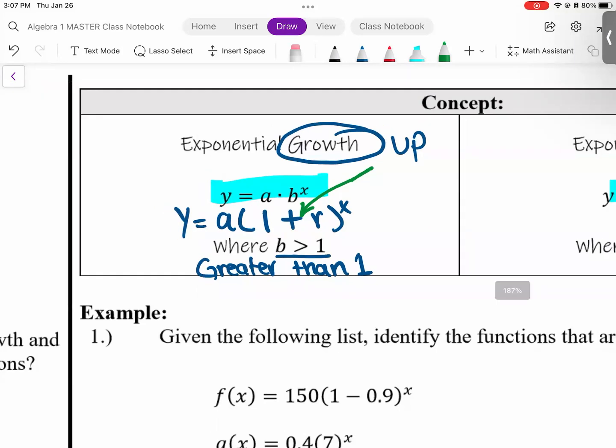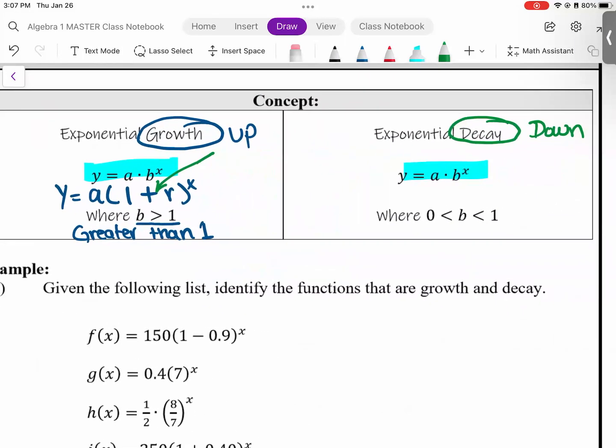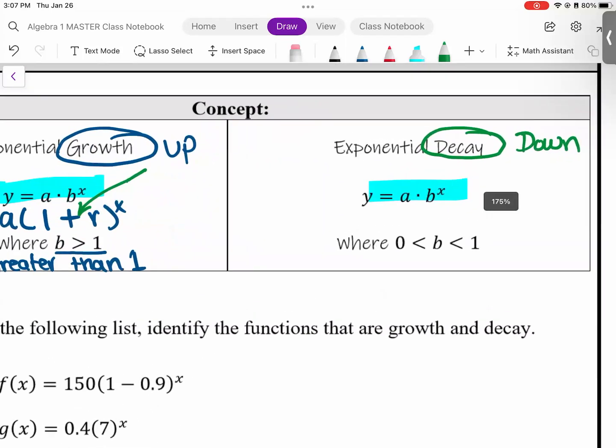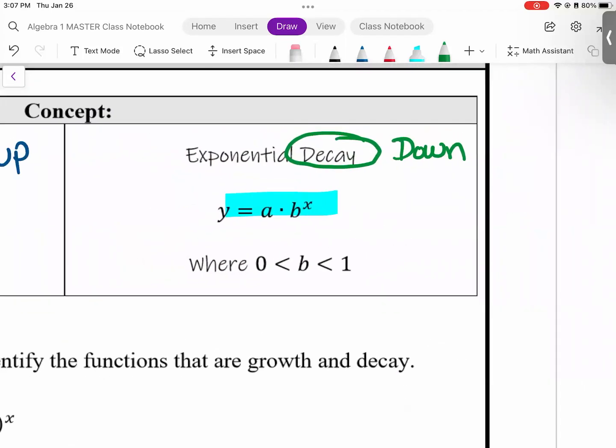All right. Now, how do I know if my function is decay? And if you guys need to pause the video, let me know, or just pause the video, let the sub know.